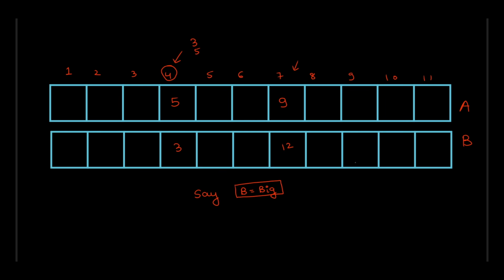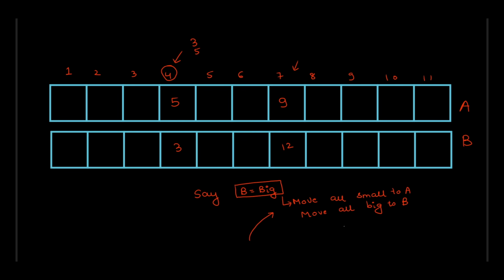So after you do all of these transformations, you move all small to A, and you move all big to B. That is how you remember that B stands for big. So this is the first transformation that we have done.